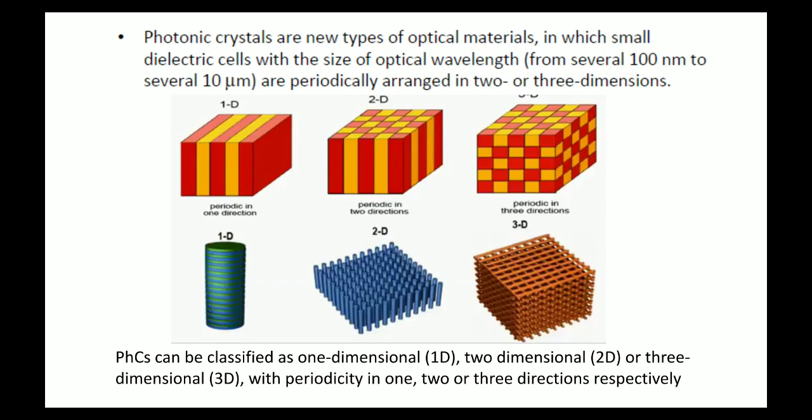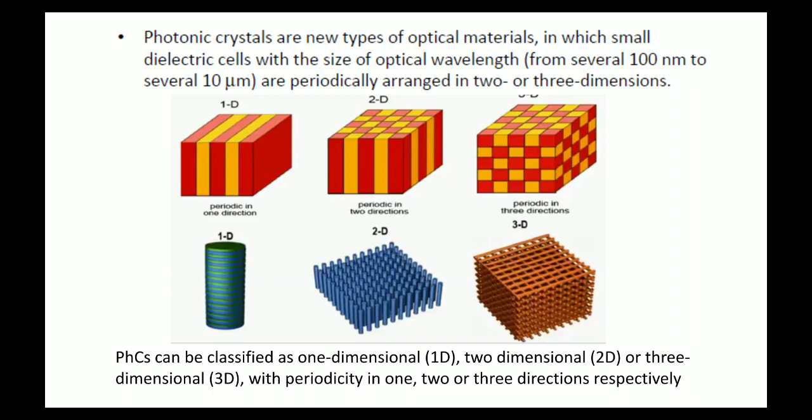In a two-dimensional photonic crystal, the periodicity is in two dimensions, in the x direction and the y direction, and there is no periodicity in the z direction.